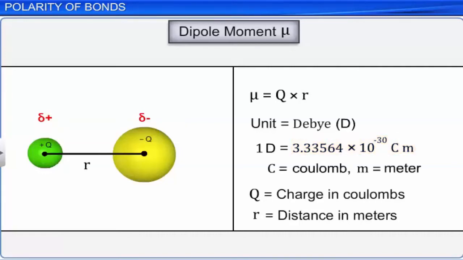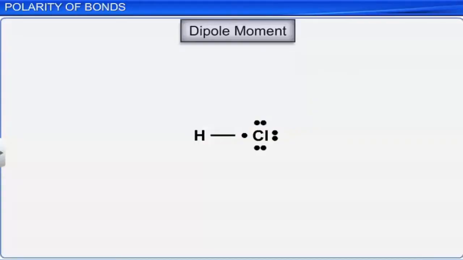Dipole moment is represented by a crossed arrow starting at the positive pole and pointing towards the negative pole. For example, the dipole moment of hydrogen chloride is represented as shown. The crossed arrow indicated above a Lewis structure indicates the direction of electron shift.